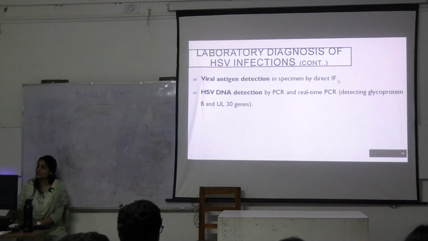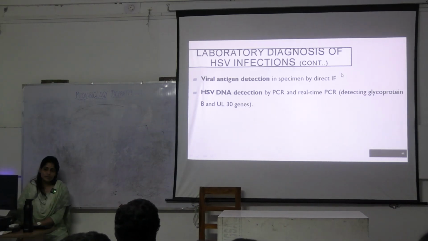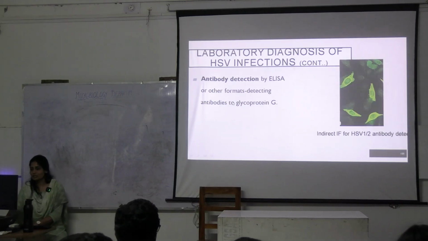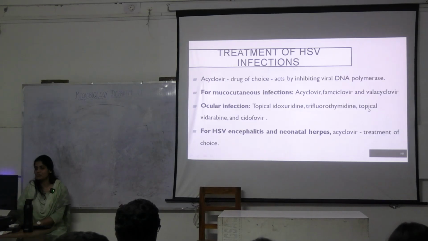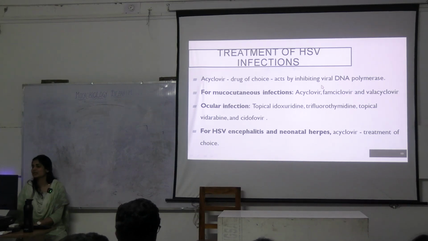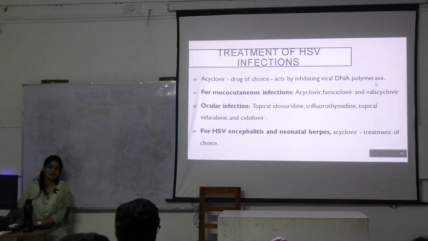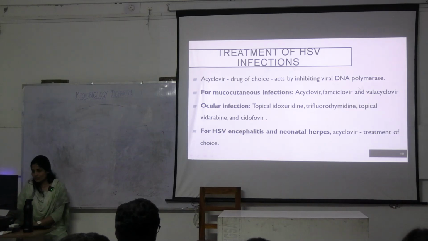Viral antigen detection can be done through direct immunofluorescence assay, or you can go for PCR for HSV DNA detection. This is how you detect the antibody: through ELISA or immunofluorescence. What is the drug of choice? Drug of choice is acyclovir. How does it act? It inhibits viral DNA polymerase.